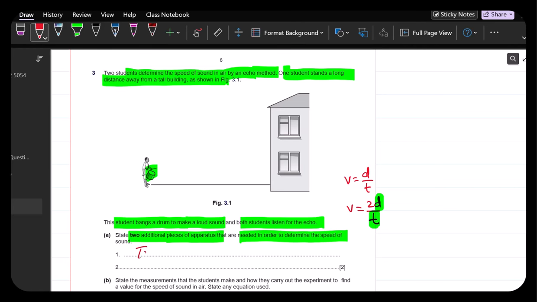The tape measure is required, or you can say meter rule, but the tape measure is better. Sometimes in the mark scheme it is written trundle wheel. So you can remember this. It is also used to measure the distance. So tape measure is one, and the second is stopwatch to measure the time. So we are done with this.